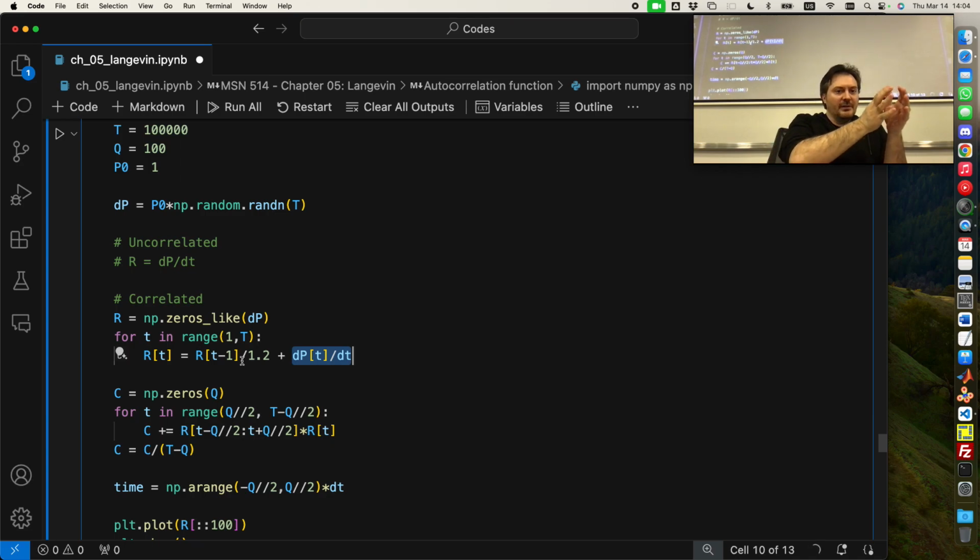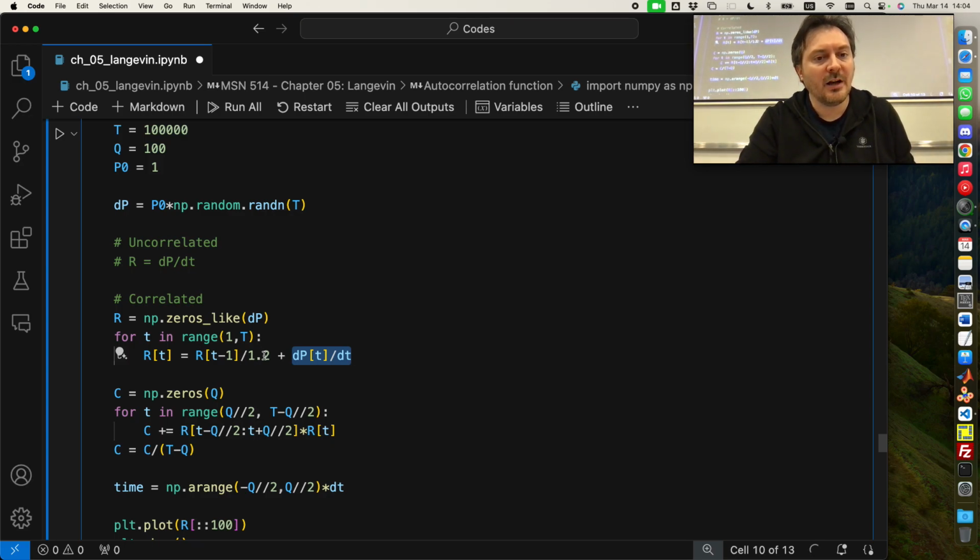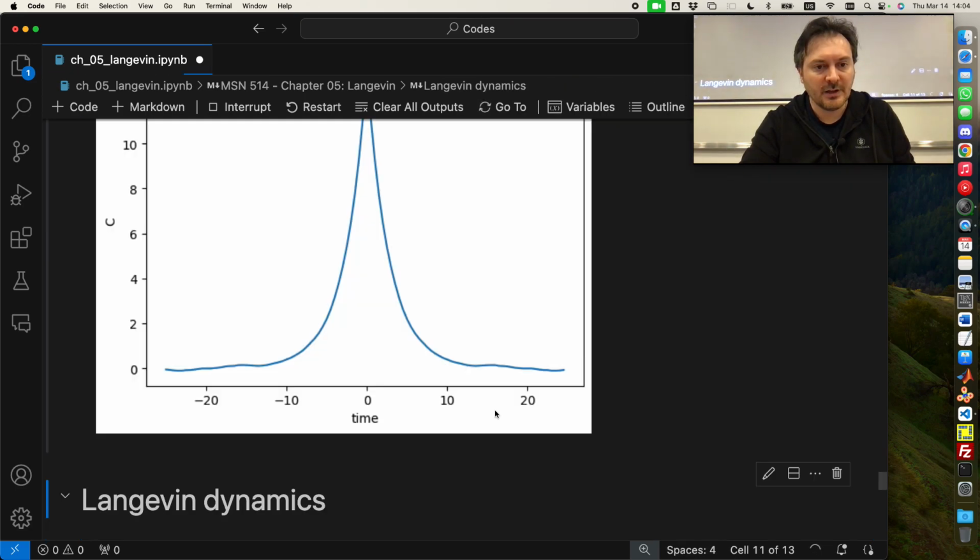So it's a random number plus whatever I had before, divided by 1.2. Depending on how small or how large you take this number, you can switch the correlation. So if I take 1.2, let's see the graph.